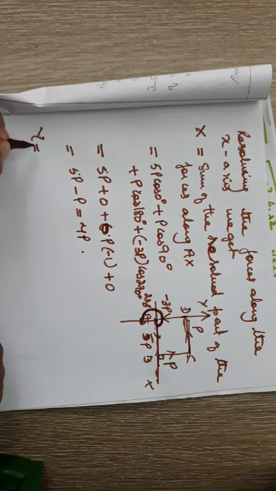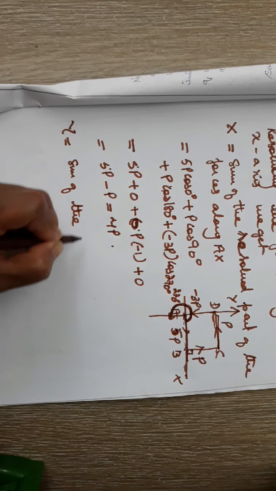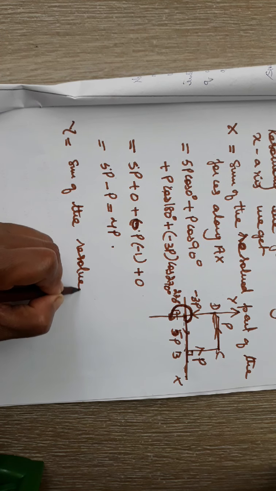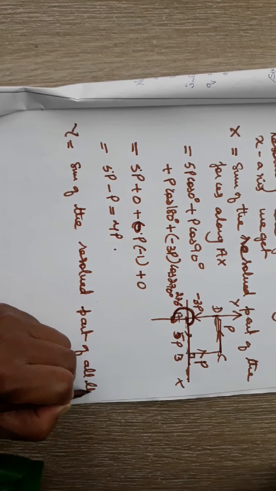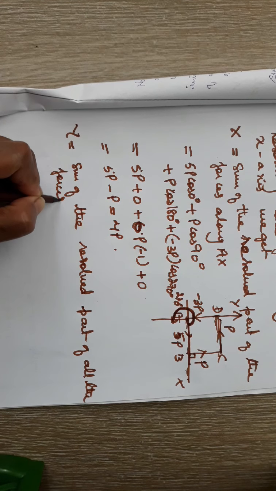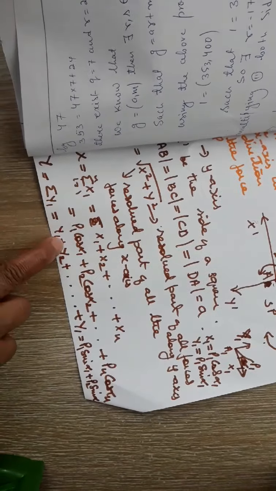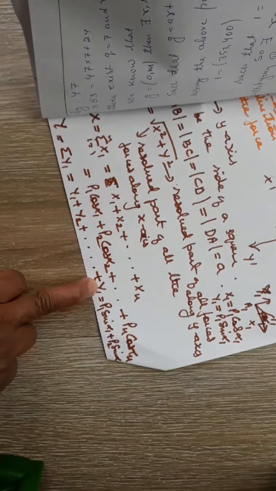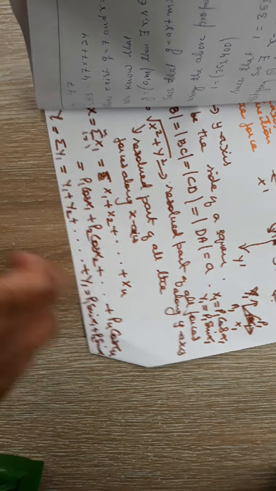Now Y here, which is equal to the sum of the resolved parts of all the forces along AY. So the sum of the resolved parts of the forces along AY, again in the same method, sum Y here is equal to Y1 plus Y2 plus so on, where Y1 here is P1 sine alpha 1, plus P2 sine alpha 2, and so on.